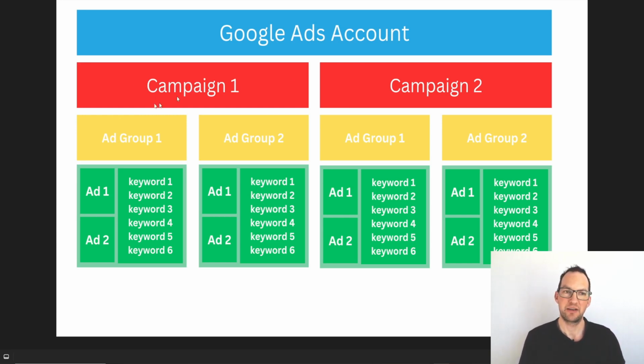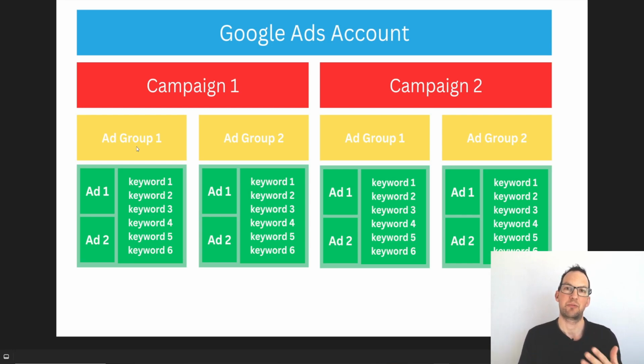Underneath the campaign, then we're going to have our ad groups. And each ad group is usually going to be a specific set of keywords that are aimed at one service. So it might be braces, for example, or it might be crowns, or it might be dental checkups. We really want to group similar things together. And the reason we do that is so that when we write our ads, we can have the keywords that we're using or the words for the service actually in the ad text.